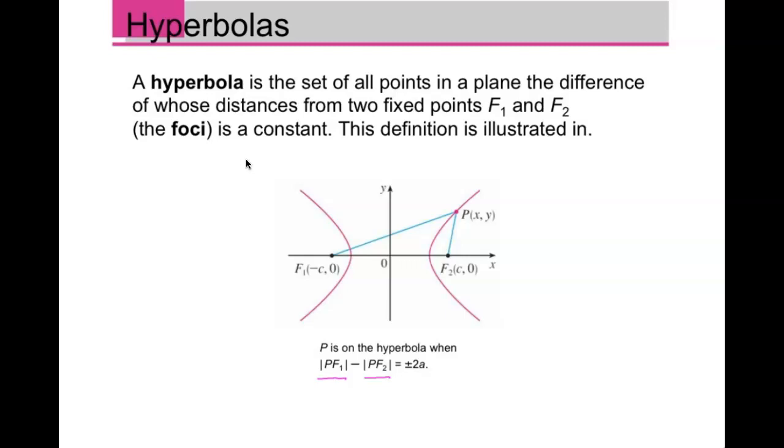which is 2a, where a is still the distance between the center and one vertex of the hyperbola.